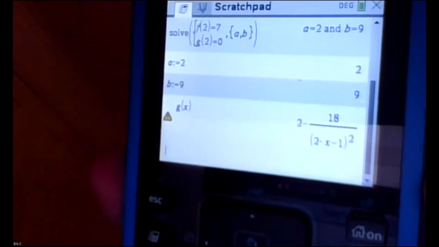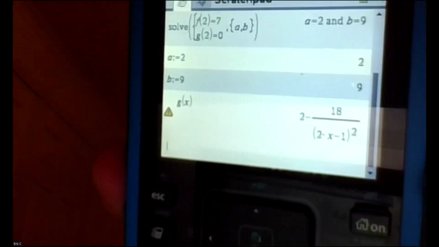That means if you type g of x, the derivative function, and press enter, you can see the calculator automatically registers the a and b, and now it's put into numbers. Whereas previously it was still defined with the algebraic a and b variables. So now we've got g of x in terms of all numbers.